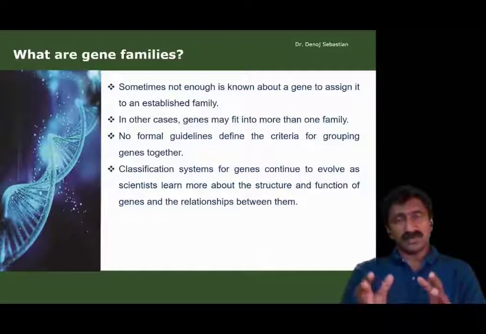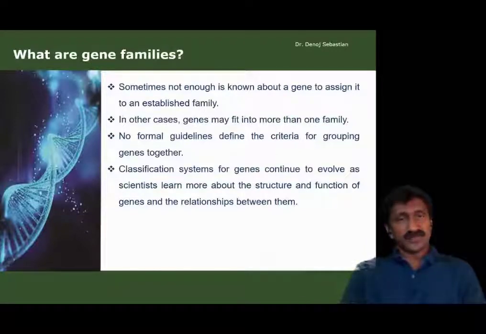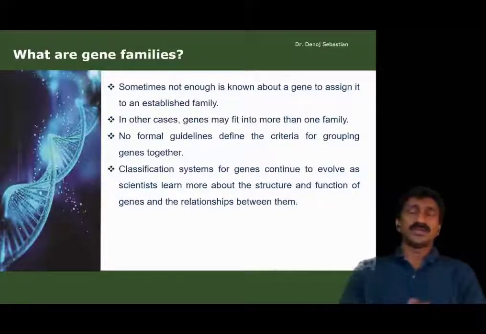It will have different family members. And no formal guidelines define the criteria of grouping these genes together. The classification systems of genes continue to evolve as scientists learn more about the structure and function of genes and the relationship between them.